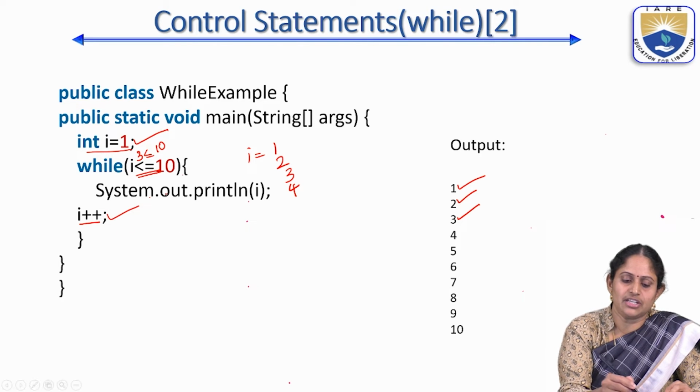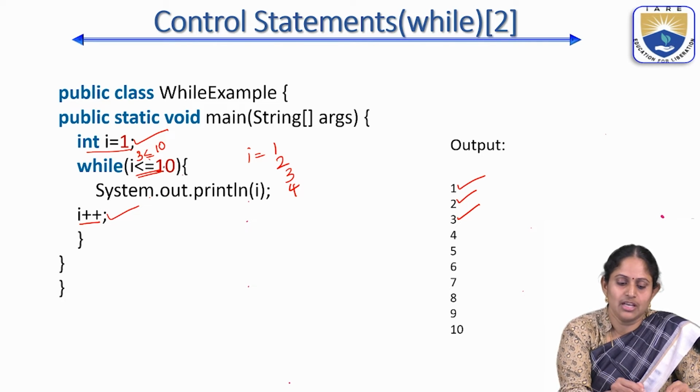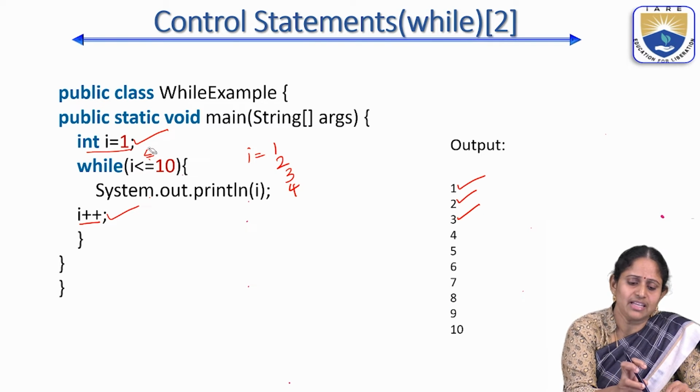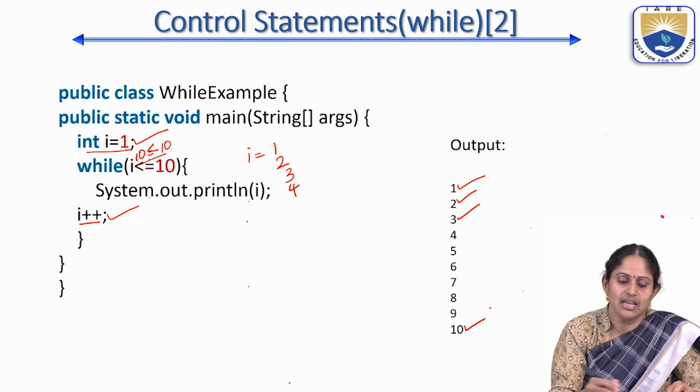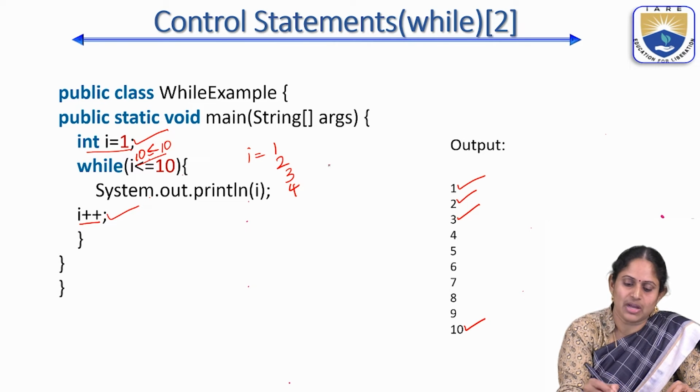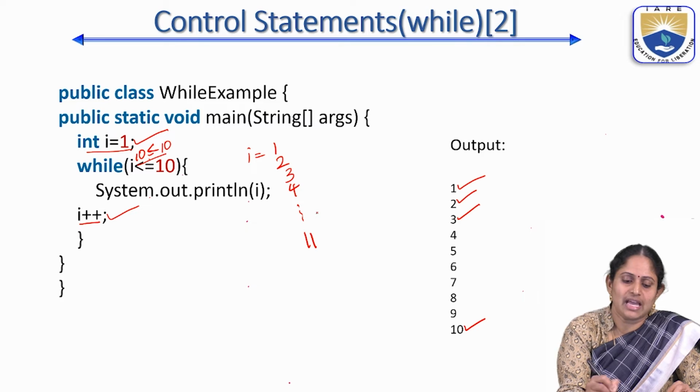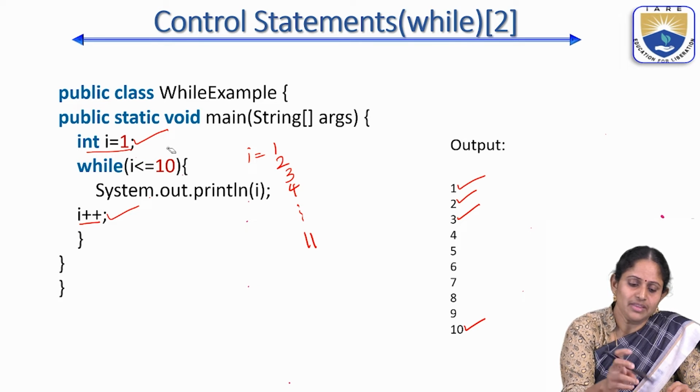Like this, it will continue until I reaches value 10. When I reaches value 10, 10 is less than or equal to 10. True. This statement is also true, so it will print the value 10. Now again, I plus plus, so I becomes 11 now. When I becomes 11, it is not less than or equal to 10.